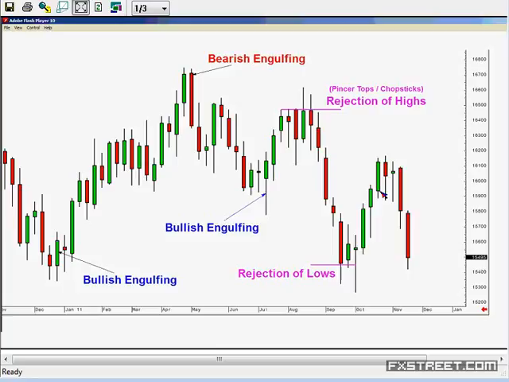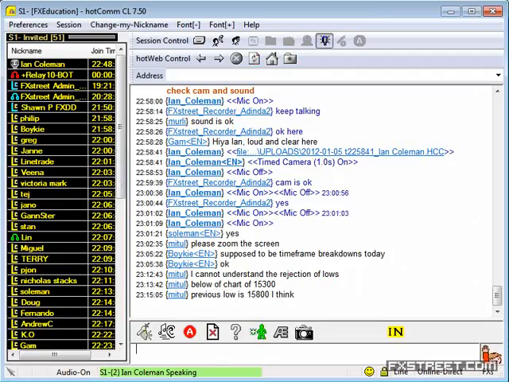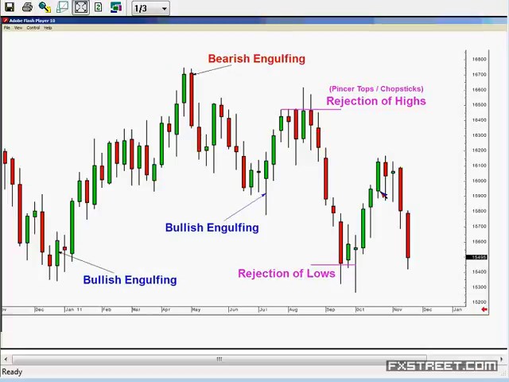A lot of analysts or textbook engulfing candles will say that just the body has to engulf the previous body. Okay.